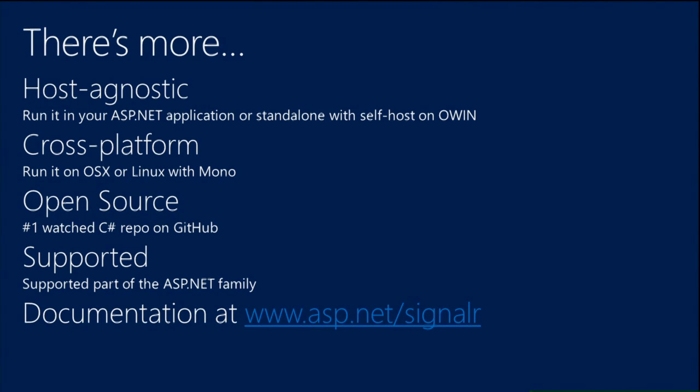Some trivia as well: it's an open source project. If you have any suggestions for features or bugs, you can log them on GitHub. That's where the team has an open discussion on any of the feature requests. It is also the number one watched C# project on GitHub, I think, which is a huge outlook on the .NET community that's out there.